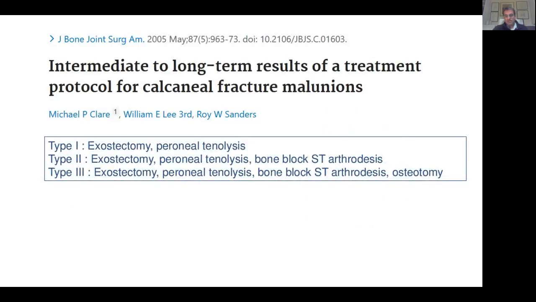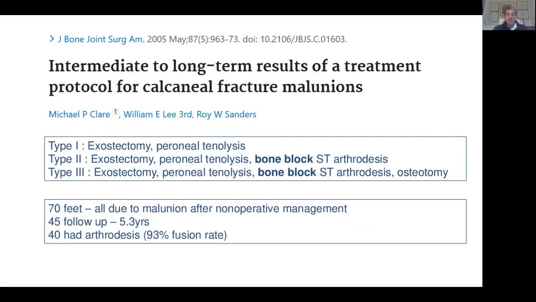And then these authors reviewed some cases they operated on, and they recommended for type 1, so when only the lateral half of the subtalar joint is affected, you don't fuse, you do exostectomy and peroneal tenolysis, which you combine with an arthrodesis if the whole of the subtalar joint is arthritic, or with a bone block arthrodesis and osteotomy if you have a malunion of the bone.